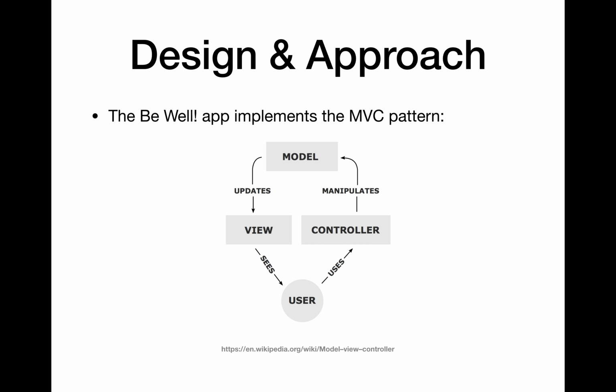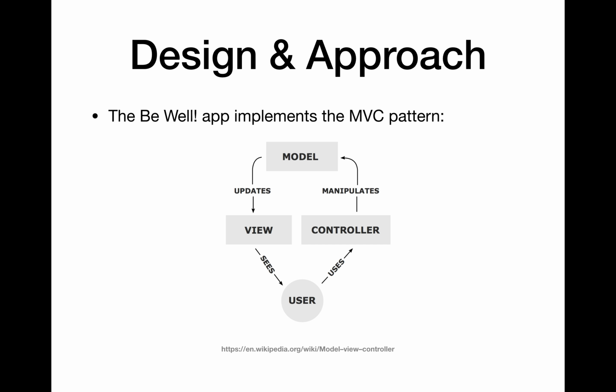The Be Well app implements the MVC pattern that we've learned about and discussed in class throughout the semester. The way the app is structured is there are several application controllers that are responsible for different features inside the app, and those controllers will pull data from and also manipulate the application model.